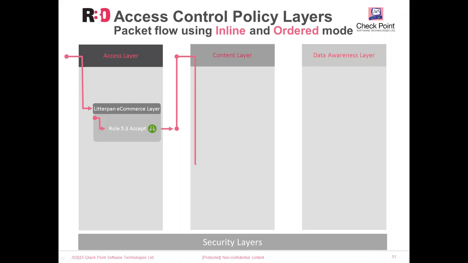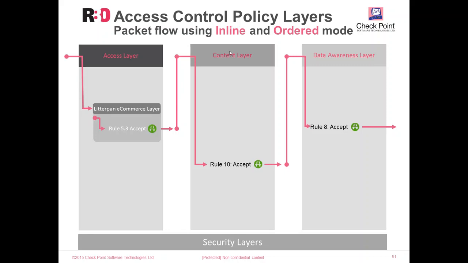So in this case, traffic is being allowed by rule number 5 in the access layer. That rule number 5 is a parent rule pointing to the e-commerce layer, accepting traffic in the sub-rule 5.3. Once traffic is accepted in the inline layer in the sub-rules, it's going to move forward to the next ordered layer, since we're using a combination of inline and ordered layers.